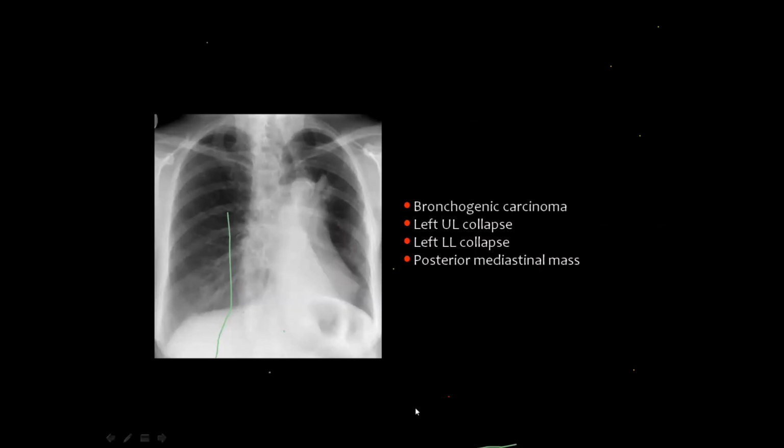Then this is a chest X-ray, and these are the possibilities: bronchogenic carcinoma, left upper lobe collapse, left lower lobe collapse, posterior mediastinal mass. Yes, very good. Actually, most of you answered the right answer, which is the left lower lobe collapse.